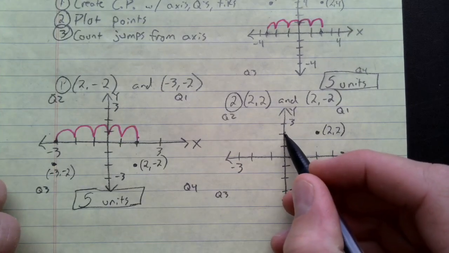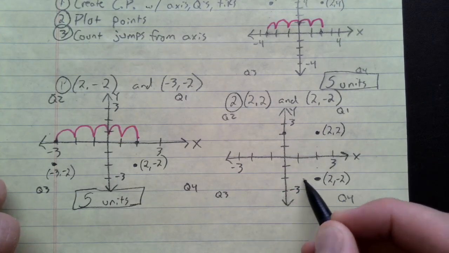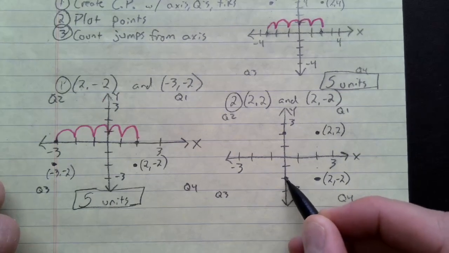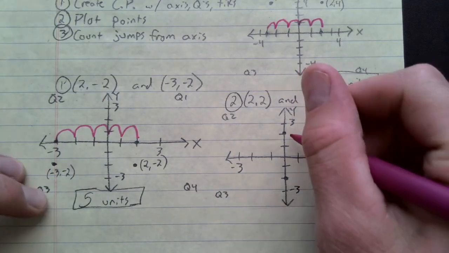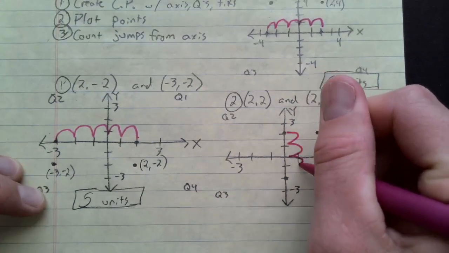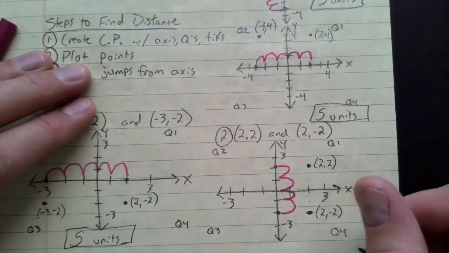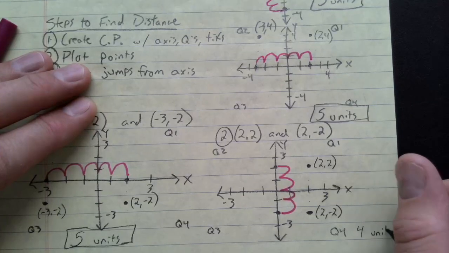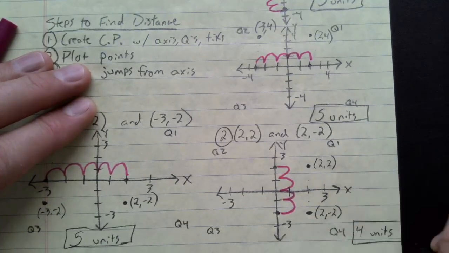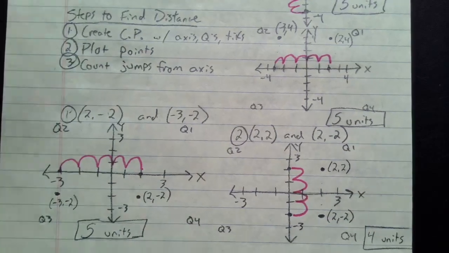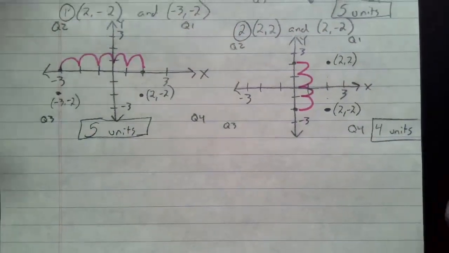Just make little marks right next to where those points are, and we'll put it right here on the y-axis. All right, and then just count your jumps. 1, 2, 3, 4. Your answer is 4 units. That's it. Let's see another one.